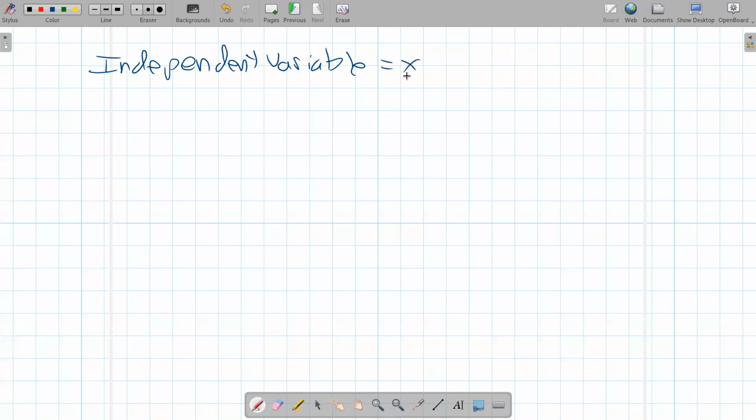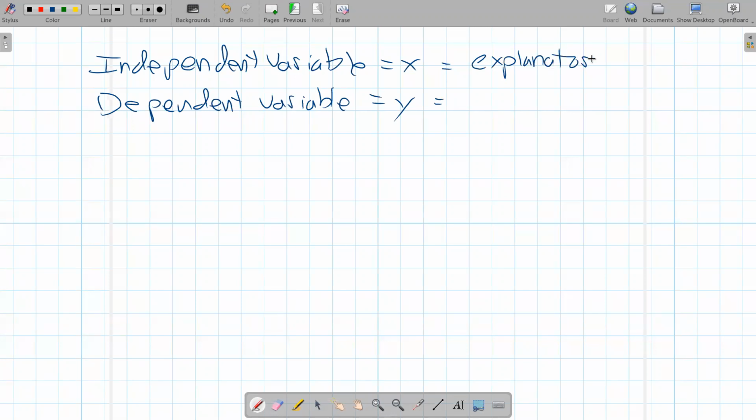That was usually X, and a dependent variable. That would be Y. X is our horizontal variable, Y is our vertical variable. In statistics, we have different names than independent and dependent, but those ideas still fit. We have an explanatory variable, and we have a response variable.